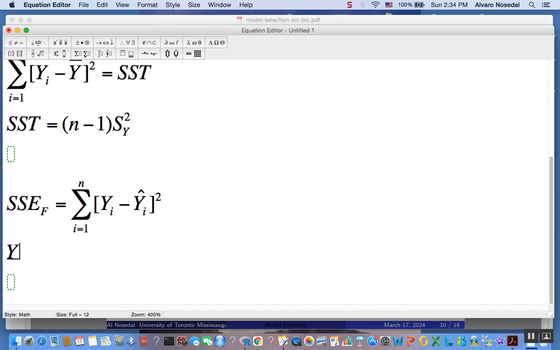And let me remind you that y_i hat in this case is computed in a slightly more complicated way. It's not something as simple as just the sample mean. It's going to be beta hat 0 plus beta hat 1 times x_i, where these are your least squares estimators for the y-intercept and the slope, respectively.